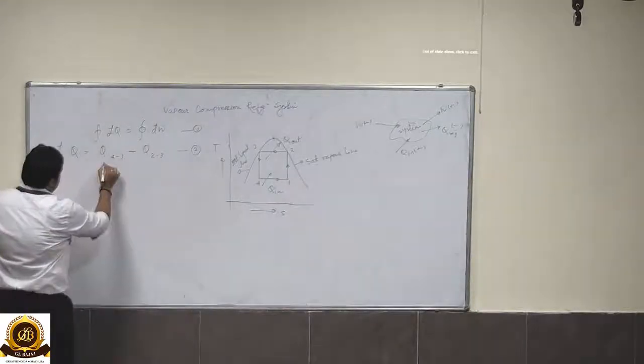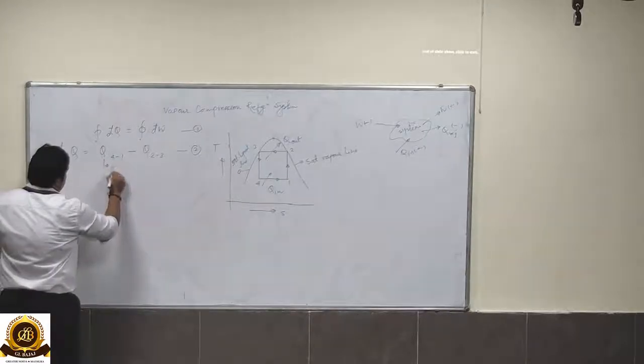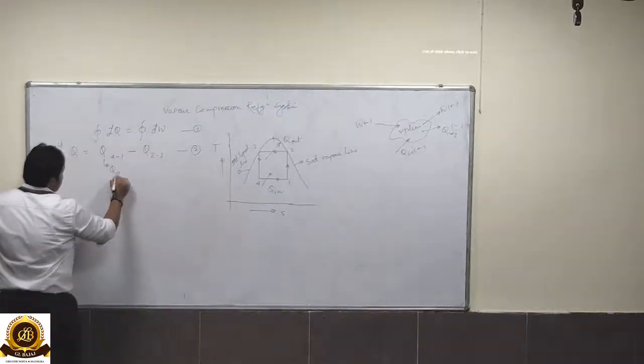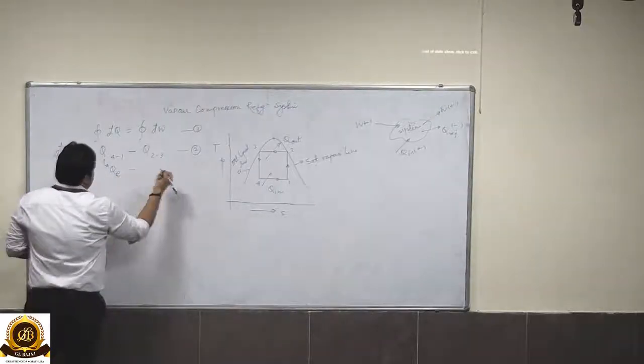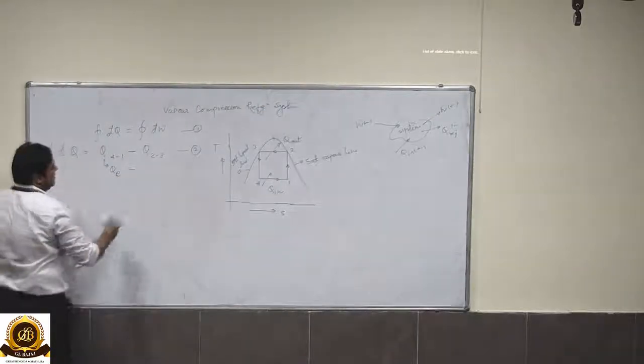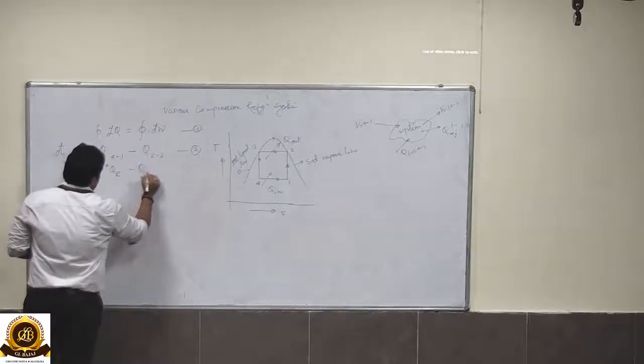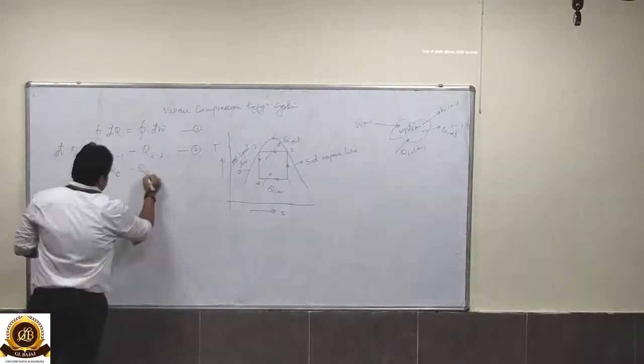The heat addition takes place in the evaporator and we represent it by QE, while the heat rejection takes place in the condenser and we represent it by QC.